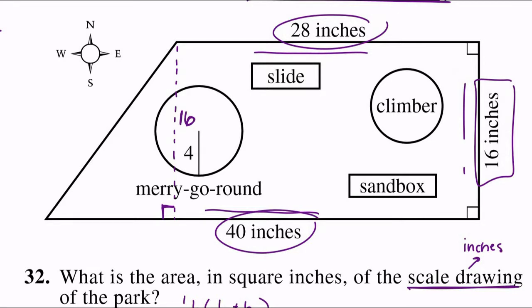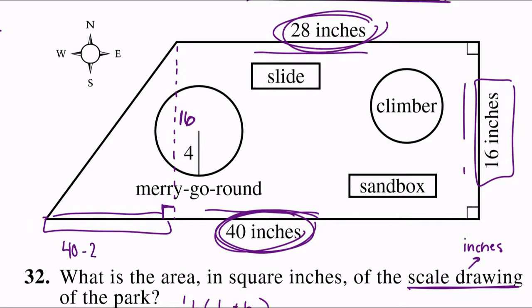And then how do we find this length right here? Well, we simply do our total length of 40 subtracted by the 28 to find this difference. So we do 40 minus 28 equals 12. So we know this side length is 12.